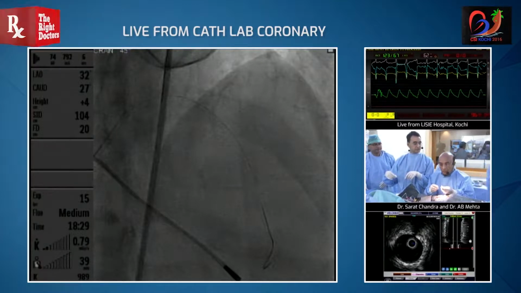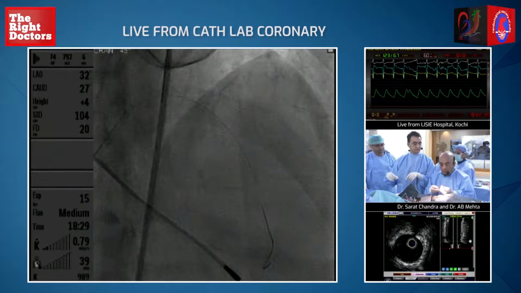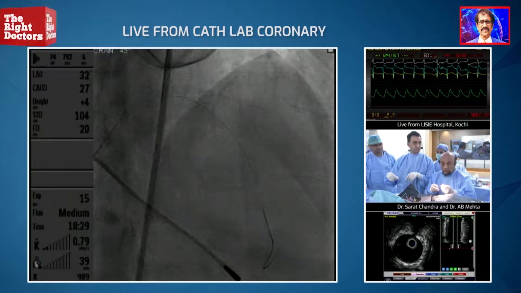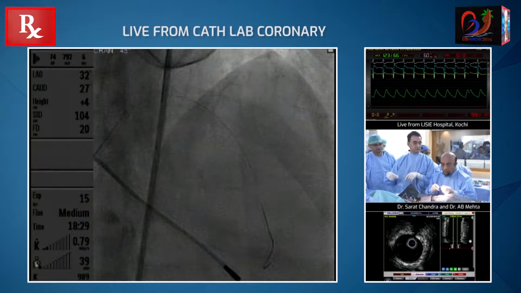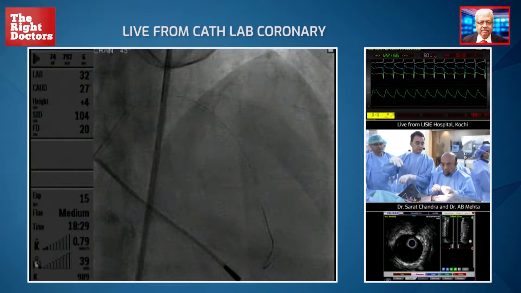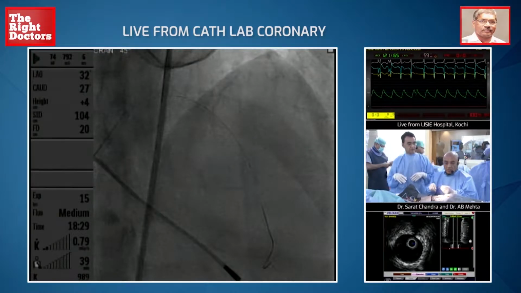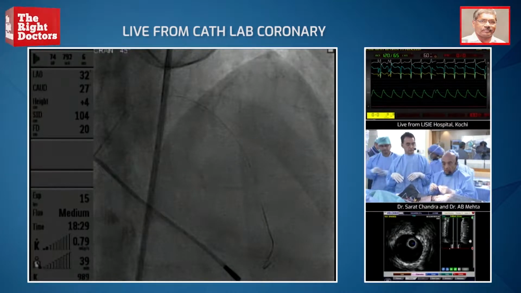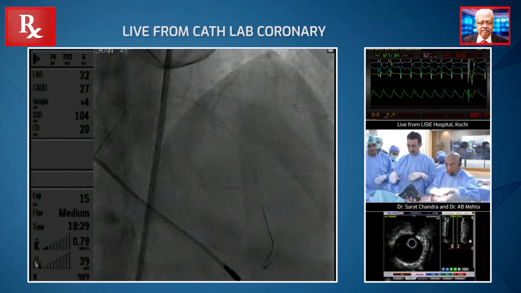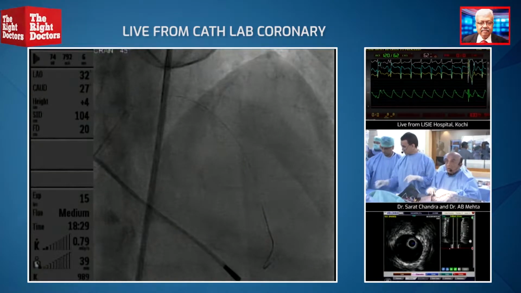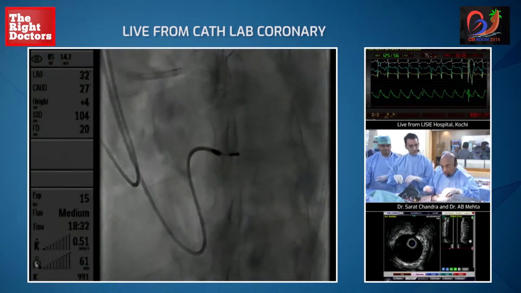Then we pull back further and it's stable, and then there's another big jump, and that big jump is caused by the proximal lesion. So the panel had it absolutely correct that the physiology of the distal lesion is not restricting blood flow.